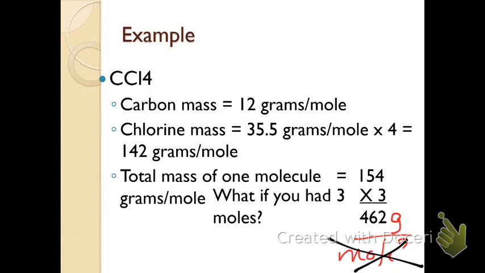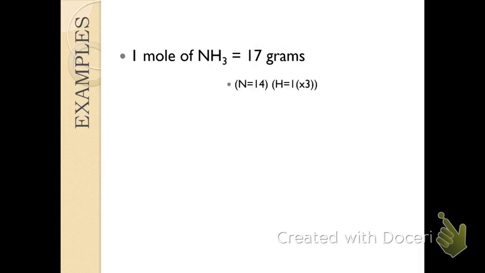All right, let's keep going. And again, practice makes perfect. So here we have 1 mole of ammonia is equal to 17 grams. Should be per mole. But because I have it written as 1 mole of NH3, that 1 mole is 17 grams.